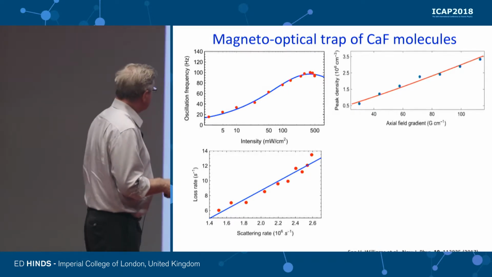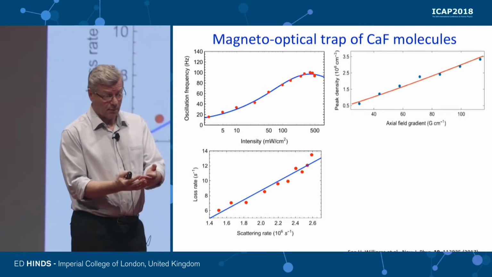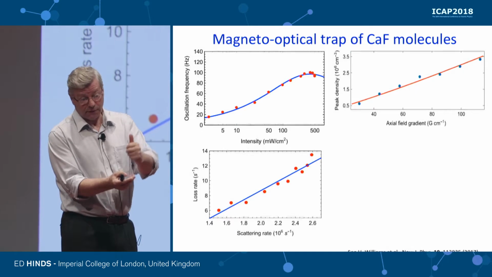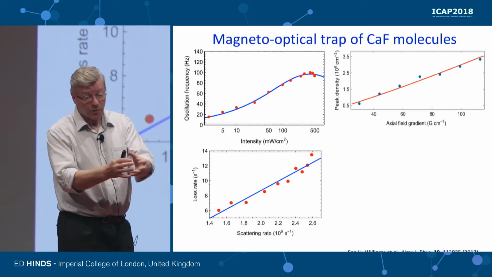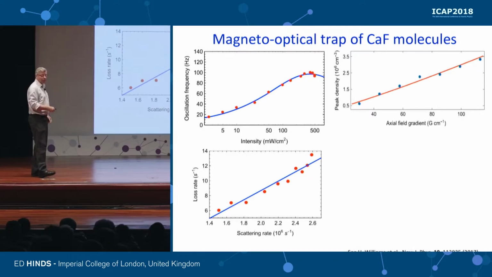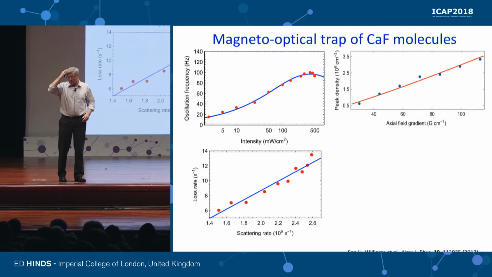Another thing that I show you here is if you optimize the trapping of the molecules into the MOT, you can then ramp up the magnetic field to see if the cloud will compress. And what we find is that it does compress. Now, people working with alkali atom MOTs know very well that there's a limit to how compressed you can make the MOT before it becomes optically thick.